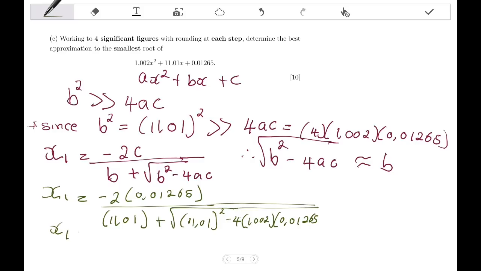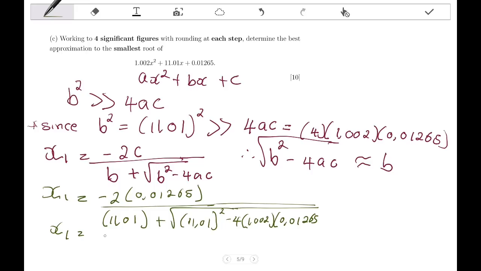Then we'll get something like this. The answer for x1 is going to be minus 2 open bracket 0.01265 divided by 11.01 plus the square root of 11.01 squared minus 1.002 times 0.01265.